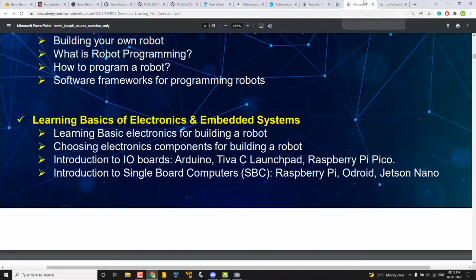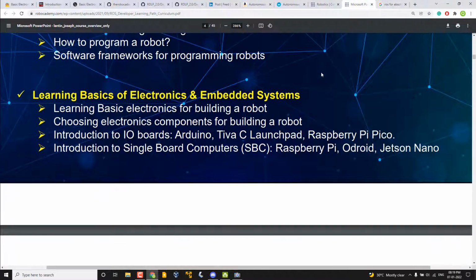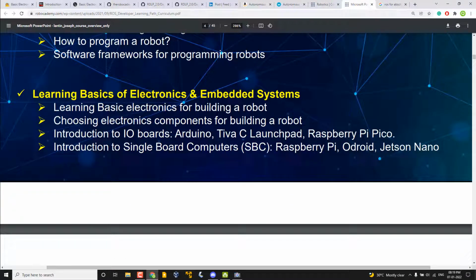So what we are planning to discuss is some of the essential things of electronics that are required while prototyping a robot. You all know, right? A robot is not only a mechanical machine, it also has electronics parts.